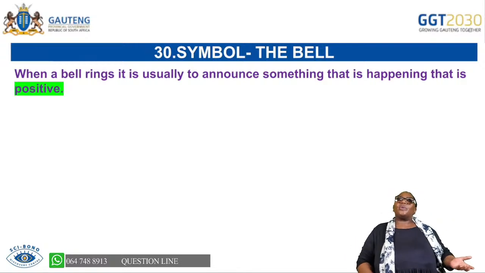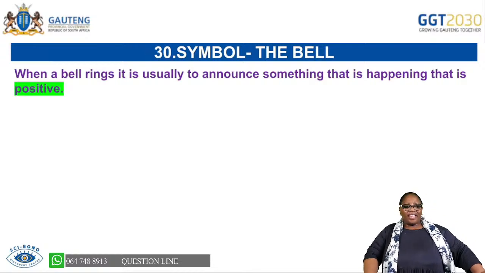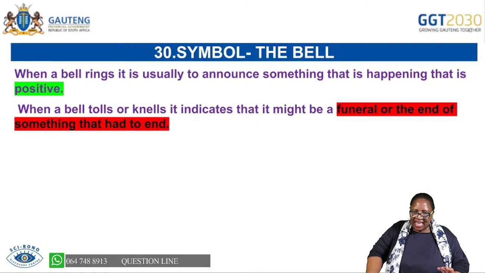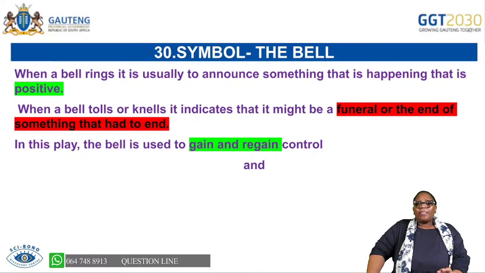Another symbol that we're going to study is the bell, the ringing of the bell. The positive ringing of the bell is that it brings about what? Order. And then the negative is the end, which symbolizes death, very key.